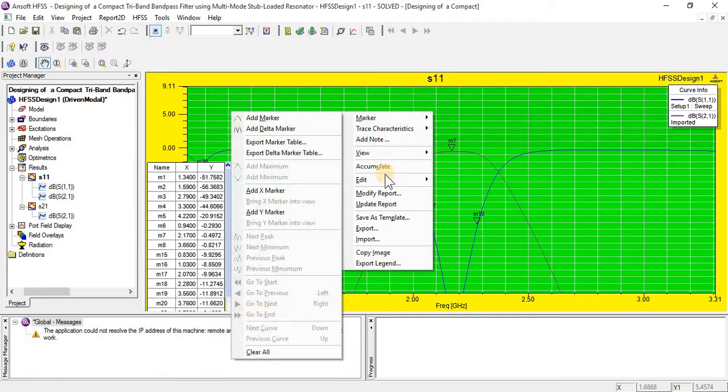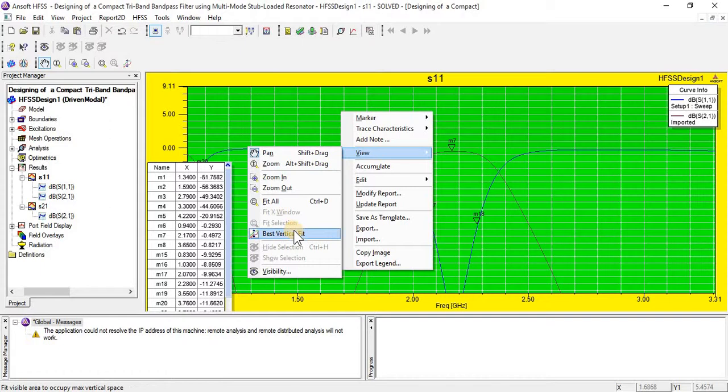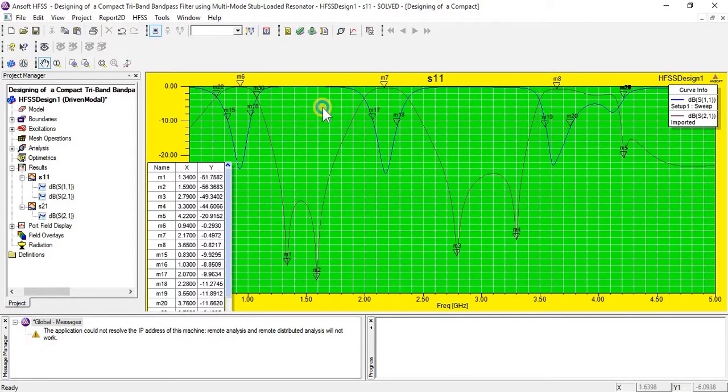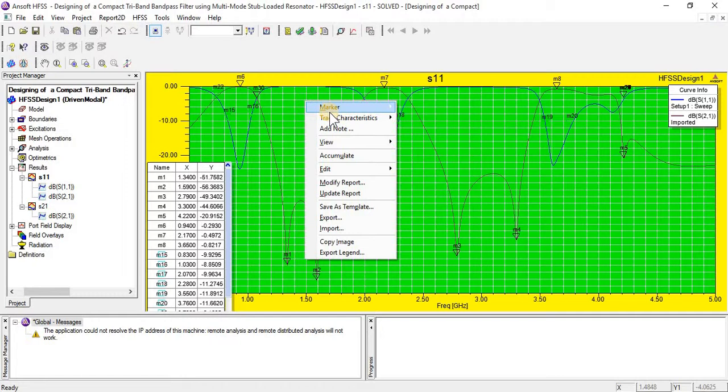Similarly, you can mark the others. You can add nodes.